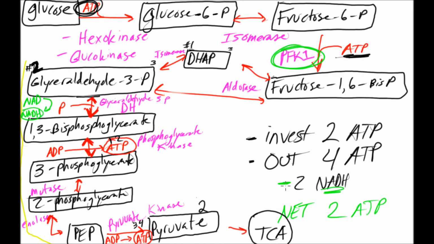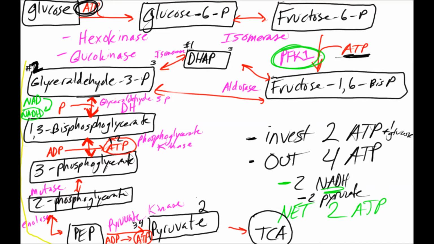So let me write that up here. Out we get 4 ATP, 2 NADHs, and we're actually going to get 2 molecules of pyruvate, because remember, we ran this cycle twice. So invest 1 ATP plus 1 glucose, and out we get 4 ATP, 2 NADH molecules, and 2 pyruvate molecules, which can then go on and crank the TCA cycle.